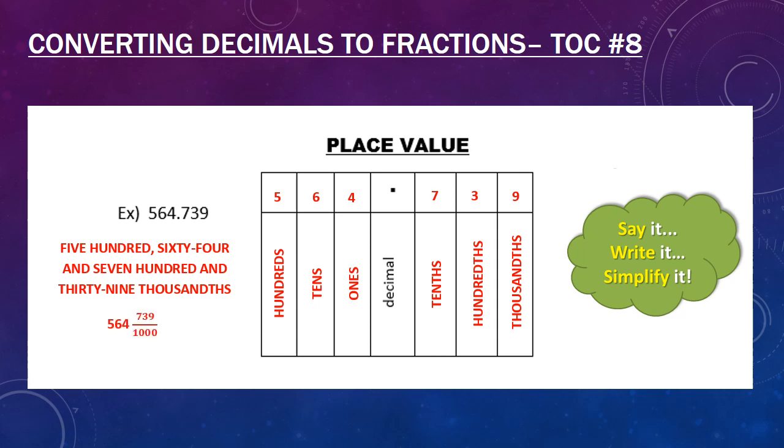Once you've said it, you can just take the 739, put it in your numerator, and because it's in the thousandths place, you put 1,000 on the bottom. Then you would simplify it, but this is one that can't be simplified.